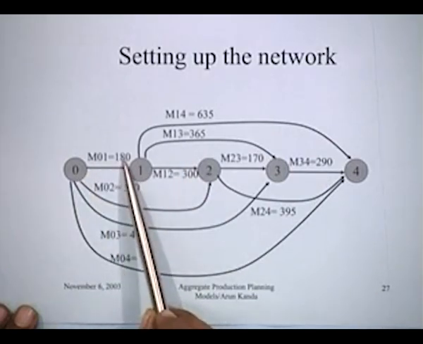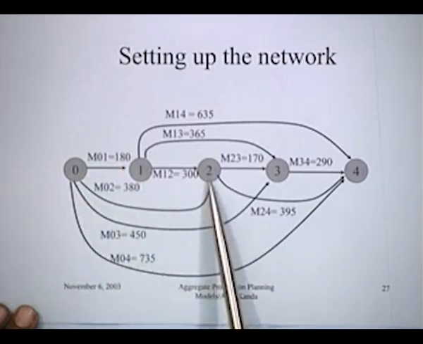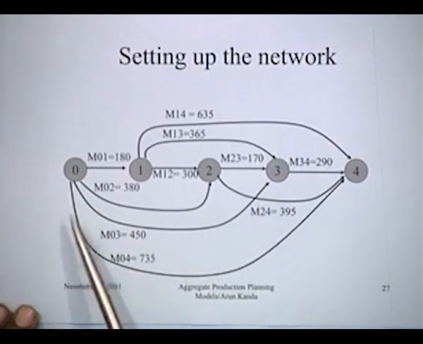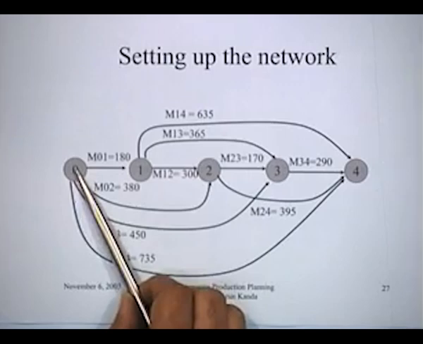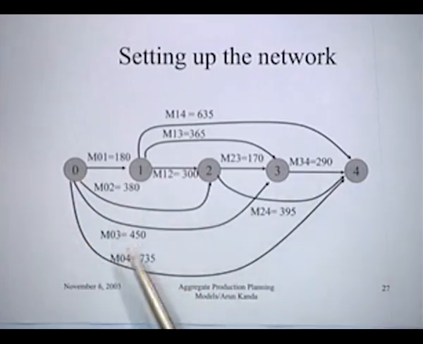This length is 180, which is what we had computed. M02 is this length, which is 380. M03 is this length, which is 450. M04 is this length, which is 735, and so on for all the arcs. So all the 10 arcs are shown. So now it's a problem of going from point 0 to 4, and you want to go by the shortest path.